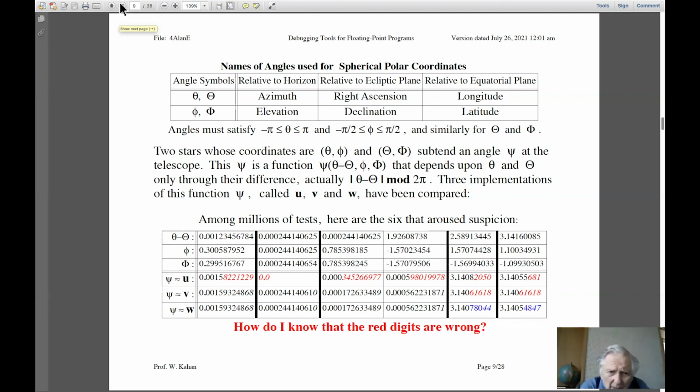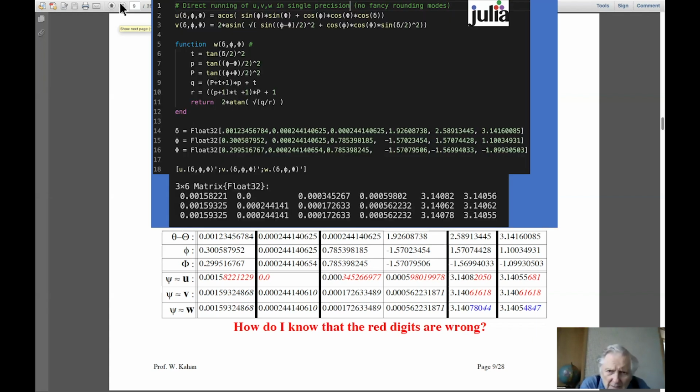After all, the names of the programs are U, V, and W, each from a different contractor. And these are 3 ways to compute the angle psi that's subtended at the telescope. And so there are 6 instances of pairs of stars. The angles are shown. Theta and phi are the angles.